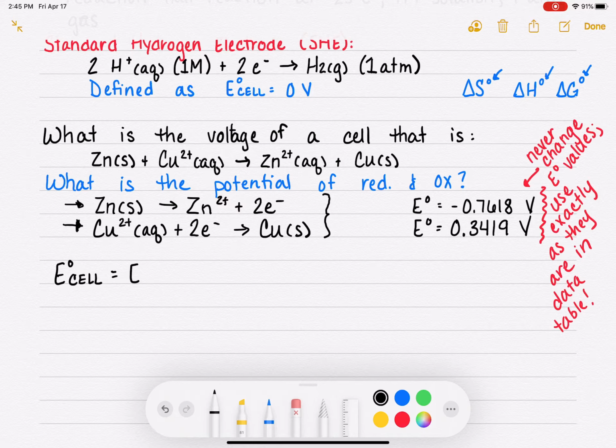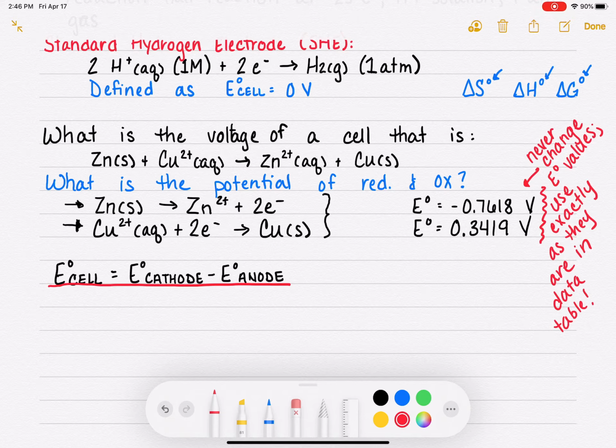The way that we're going to do that is take the cathode half reaction and subtract from that the anode. Cathode minus anode. Before we can plug the half reactions into this equation, we need to figure out which is which. So let's go back up to our half reactions.